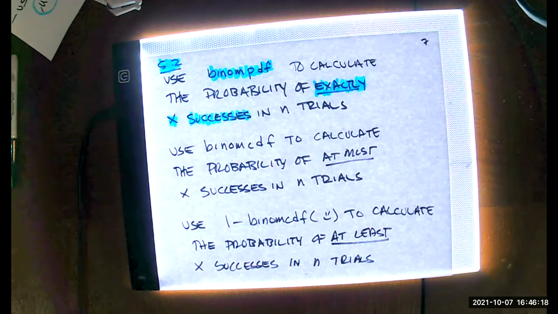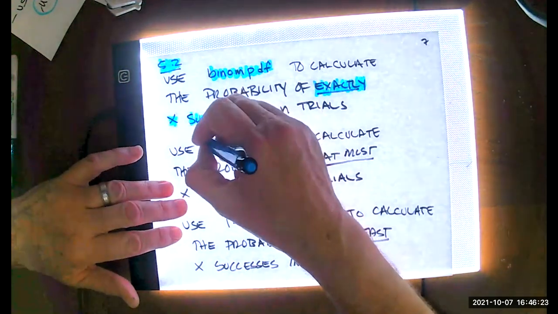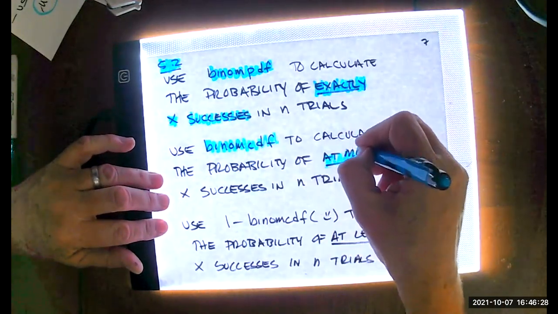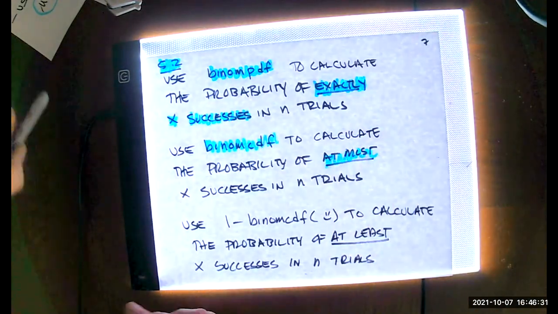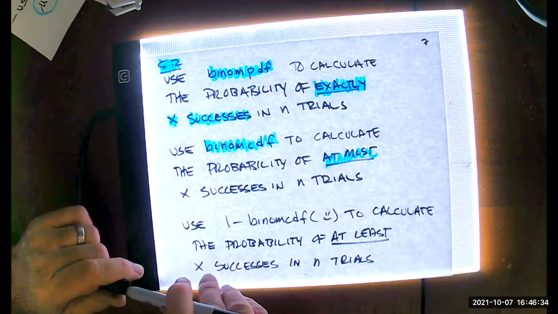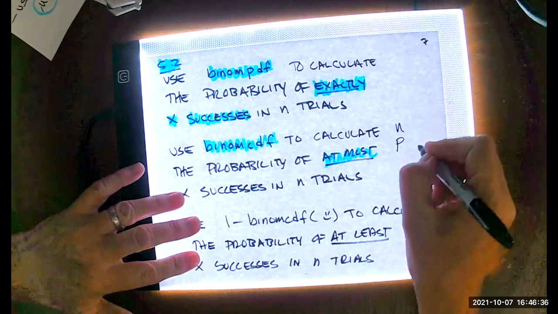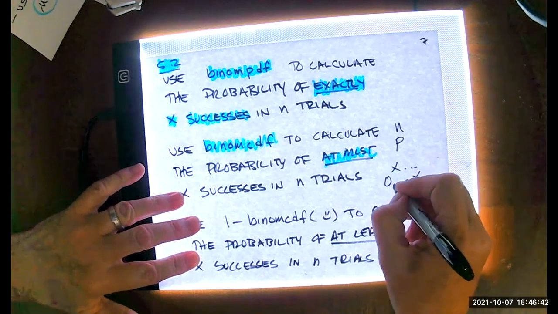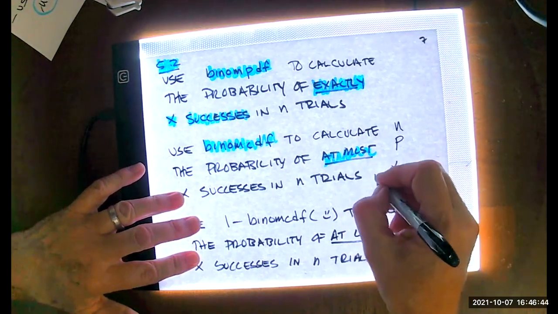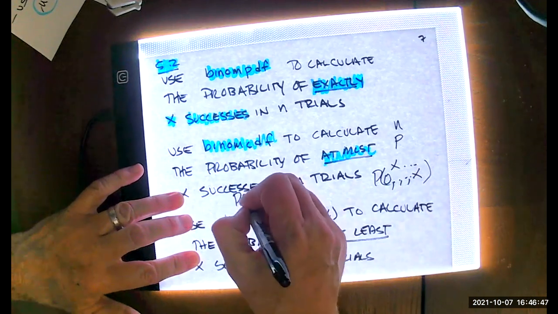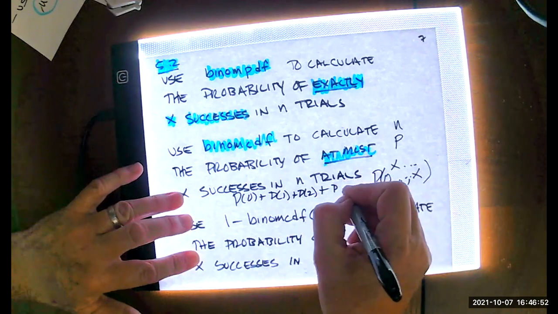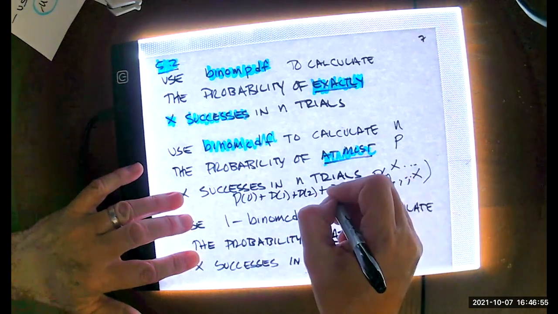If we have to calculate the probability of at most or at least, I use that binomial CDF function for the at most. And I'll remind you, for these, we'll give them n, p, and x. So you go from 0 up to x for this cumulative one. So that gives you P of 0 plus P of 1 plus P of 2 plus P of all the way up to P of x.